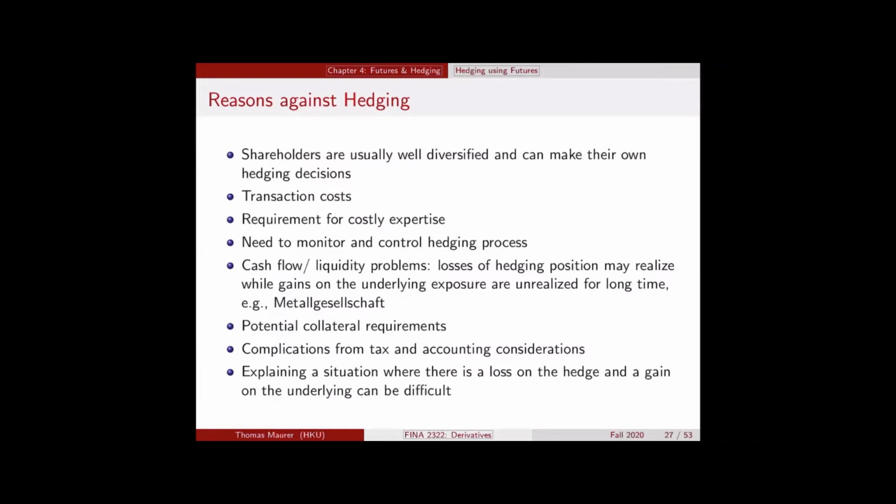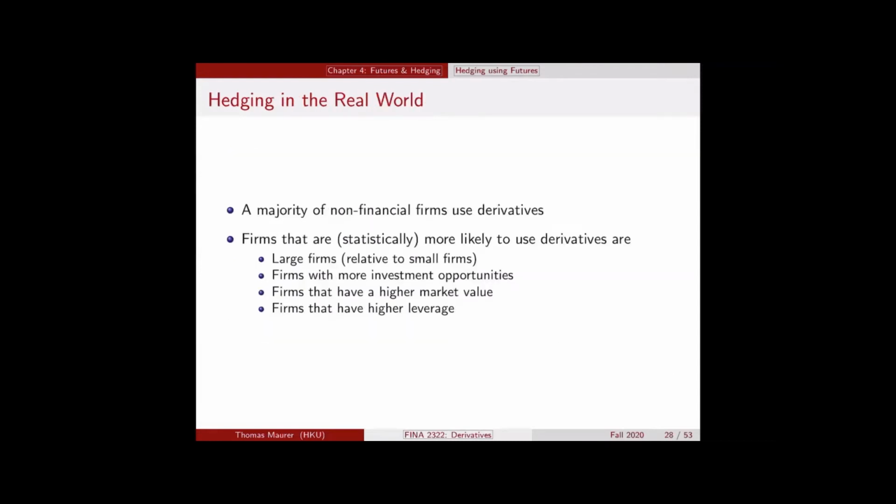Many times they just focus on ex post outcomes, and if they see some losses in a hedging position, investors or the public may be very quick to draw the conclusion that the Treasury Department of that corporation was just doing something bad.